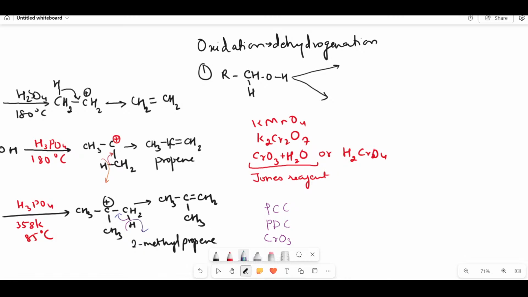With the mild oxidizing agent, when 1 degree alcohol reacts, we get formation of aldehyde. A partial double bond is made over here, therefore this hydrogen leaves, and what forms is RCHO.